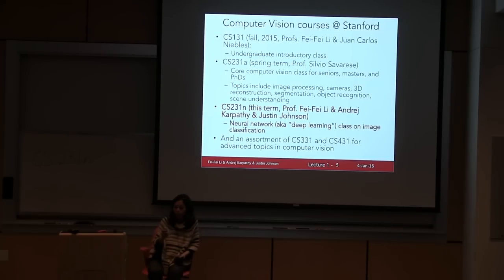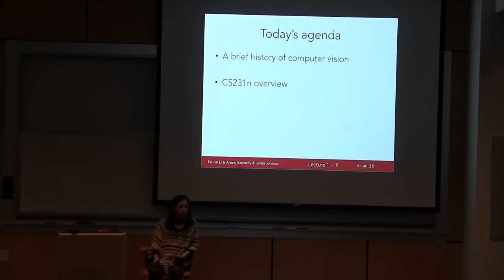All right. Okay, so the rest of today, I will give a very brief, broad stroke history of computer vision, and then we'll talk about 231N a little bit in terms of the organization of the class. I actually really care about sharing with you this brief history of computer vision, because you might be here primarily because of your interest in this really interesting tool called deep learning, and this is the purpose of this class.